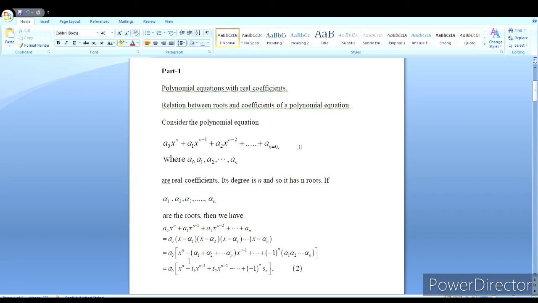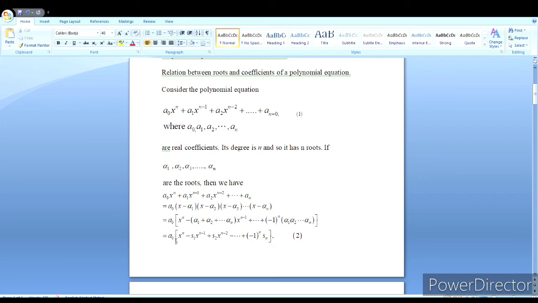Combining this, we can write minus of alpha 1 plus alpha 2 plus etc. plus alpha n into x power n minus 1 plus etc. The last term would be minus 1 power n, since we have n factors, into alpha 1, alpha 2, etc., alpha n.